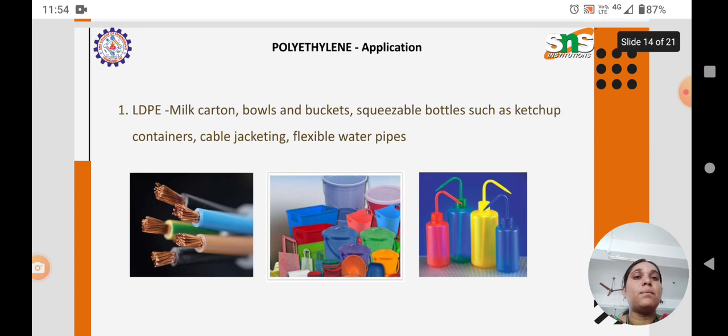These are the main applications like milk cartons, bowls, buckets, squeezable bottles such as ketchup containers, cable jacketing, flexible water pipes.